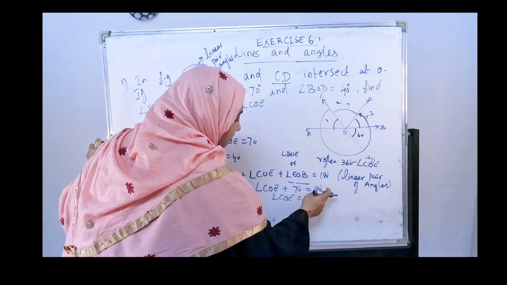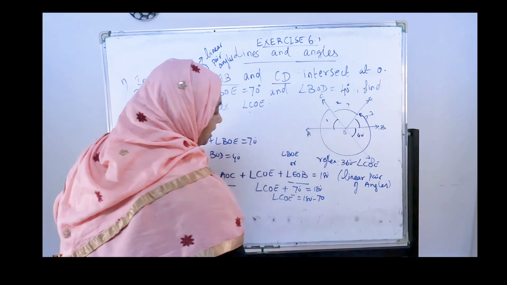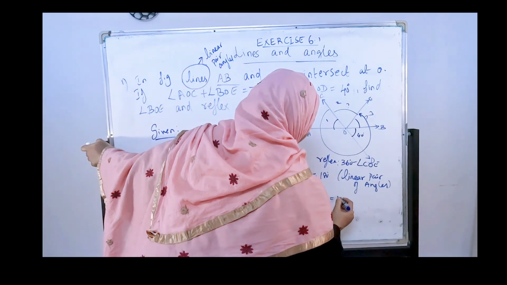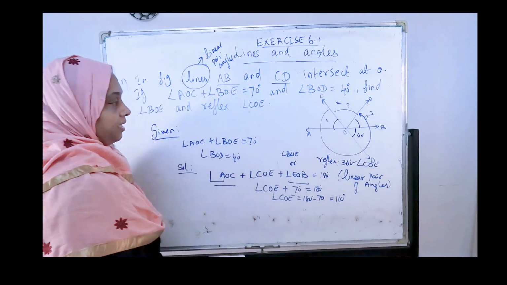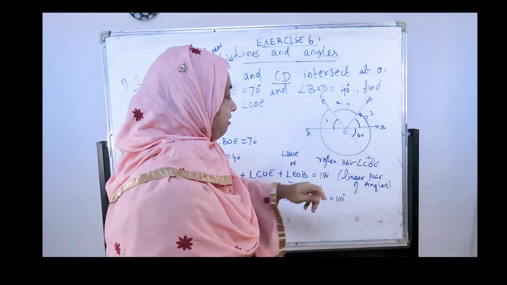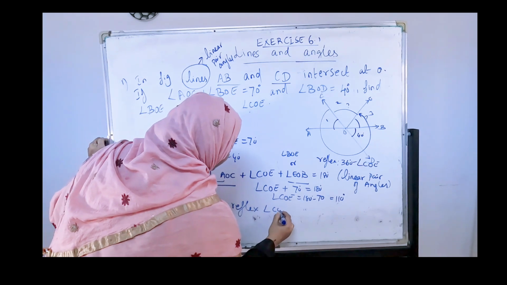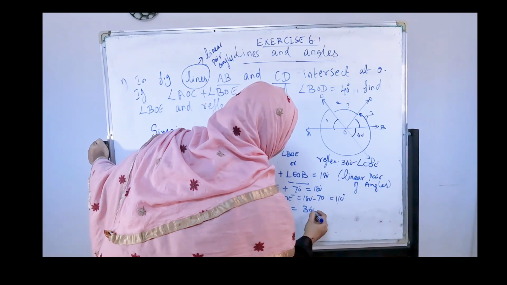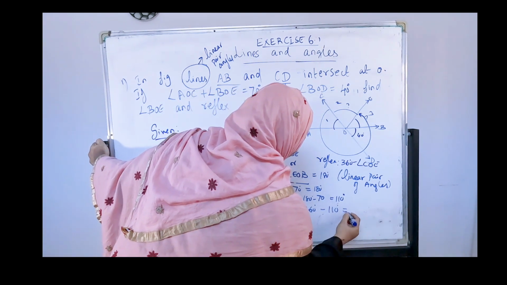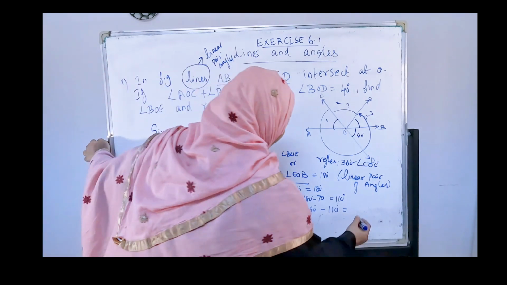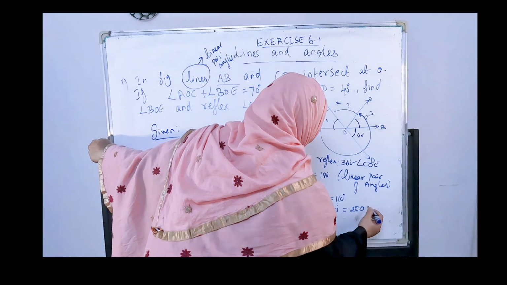Crossing the equals, plus becomes minus. So we are getting 110 degrees. COE we got, now the reflex: reflex of angle COE is equal to 360 degrees minus 110 degrees, which is 250 degrees.